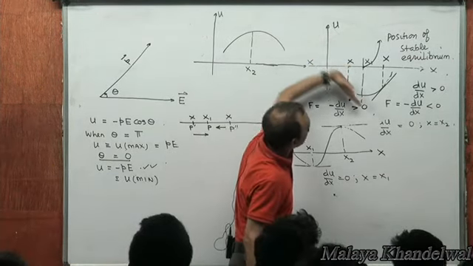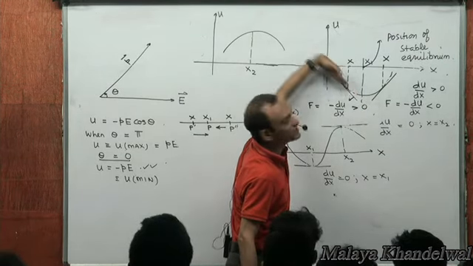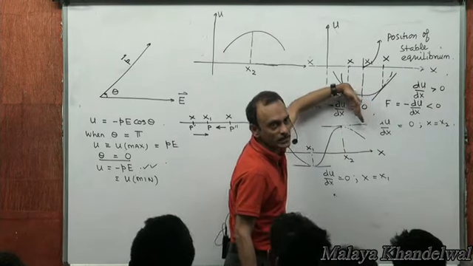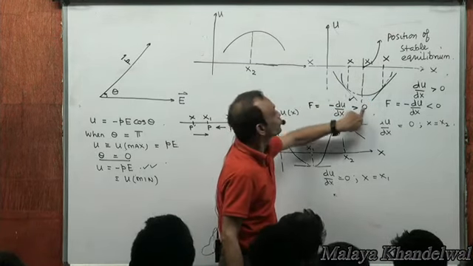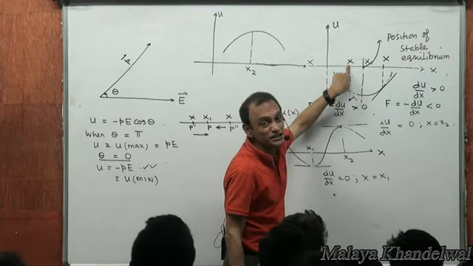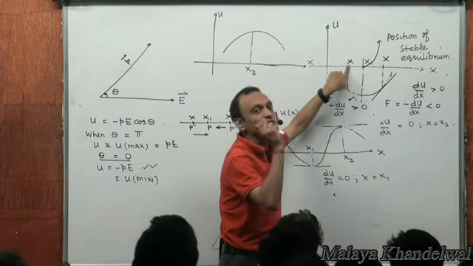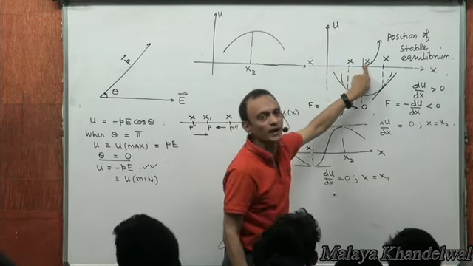But look at du dx. Du dx is negative at this point. Du dx is the slope of the tangent at x, which is negative, as you can see. So if du dx is negative, minus du dx will be positive. So force will be positive. That means when the particle is slightly shifted to the left, it will experience a positive force, which is rightward force, which would want to bring it back to x1.